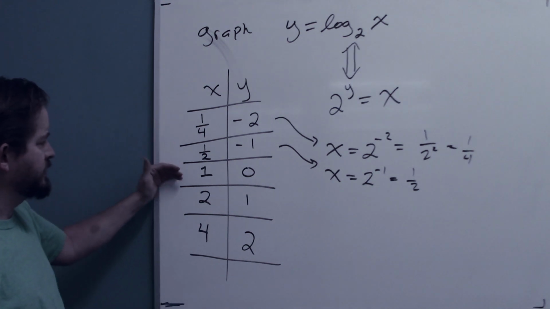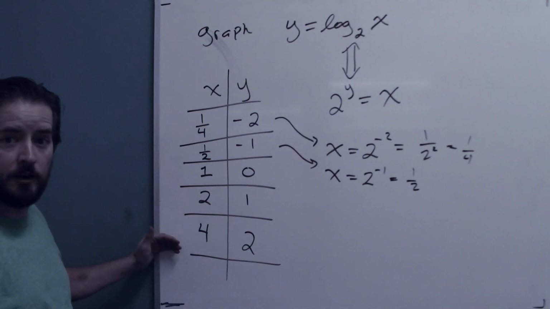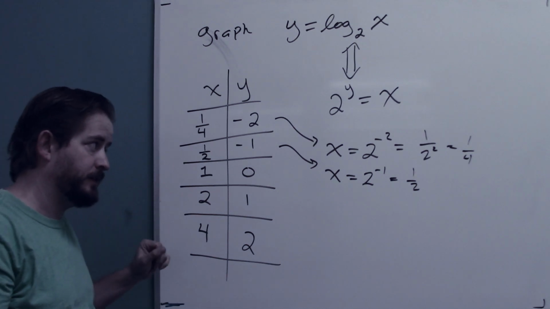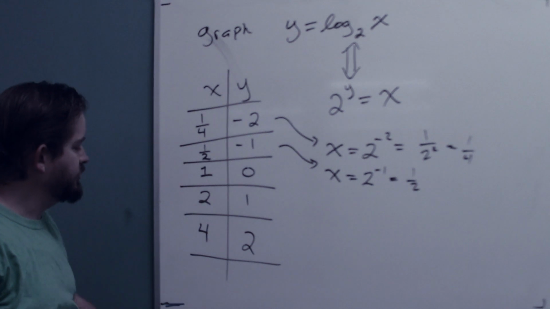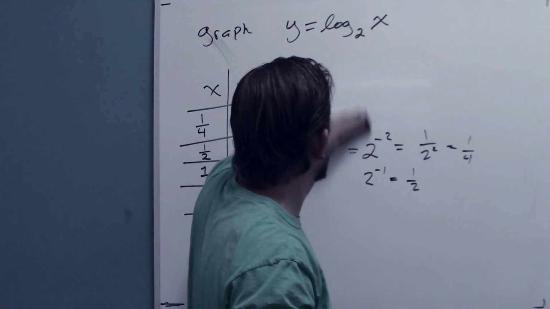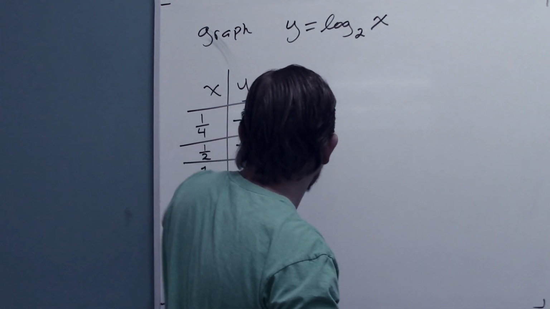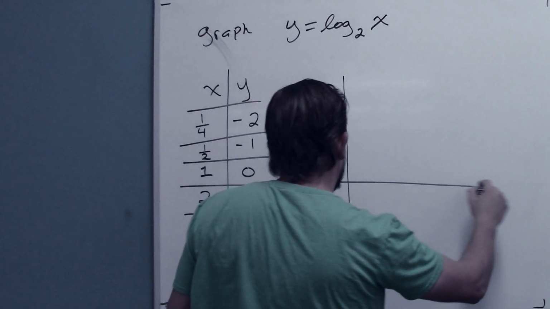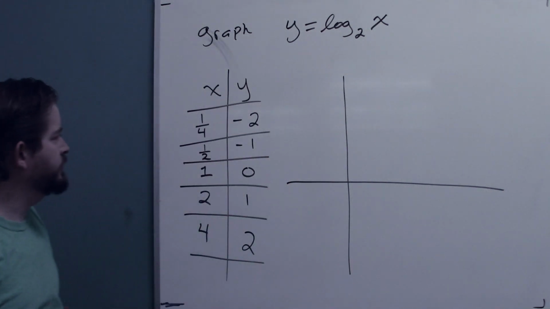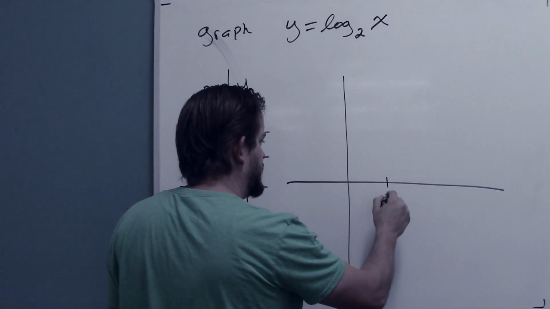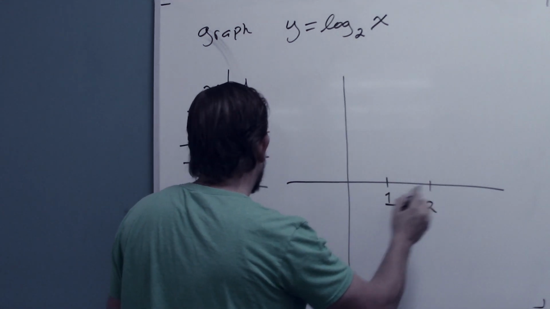And we see that exponential relationship again appear, but now that exponential relationship is in the x value, right? So I have a bunch of points and I can plot this. Let me clear up a little room to do that. Alright, first I have x is 1/4, so I'll put maybe 1 right here, 2 right there.